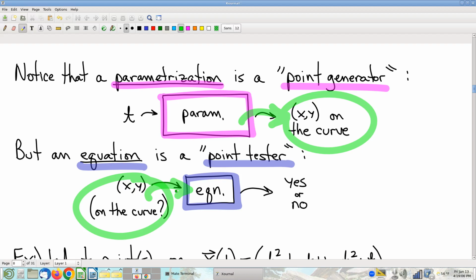If you have an x and a y, that goes into the equation, and what comes out is either a yes or a no. The equation either is true, the two sides are equal, in which case yes, that point is on the curve, or the equation fails. The two sides are not equal, and that point is not on the curve. So for parameterizations, the points are the outputs. For equations, the points are the inputs.